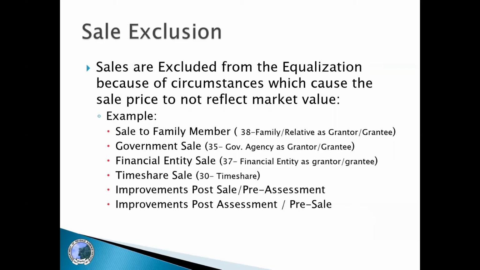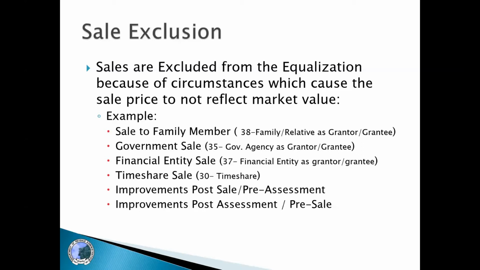So some examples of things that you might exclude from the study: if it was a sale to a family member, that might not be fair market value. If there was a government entity on either side of the transaction, if there was a financial entity, a bank, if it was a timeshare, so it did not transfer 100% interest in the property, it was just for a week, you would exclude that.